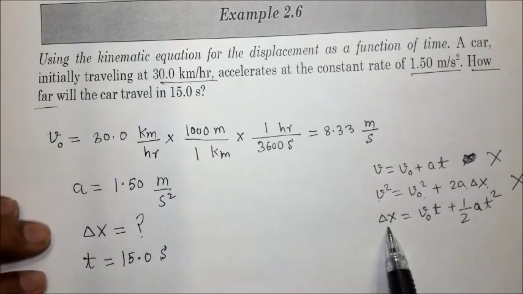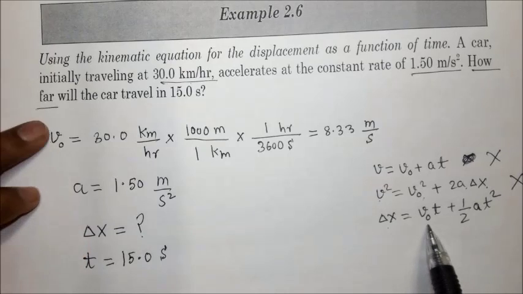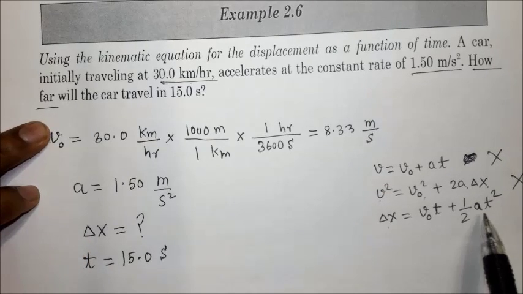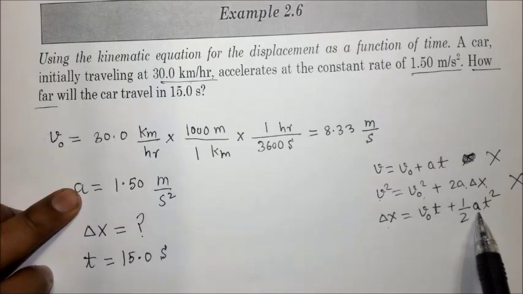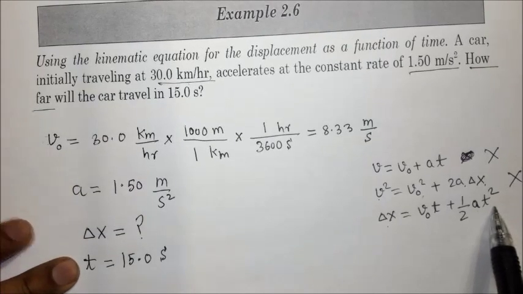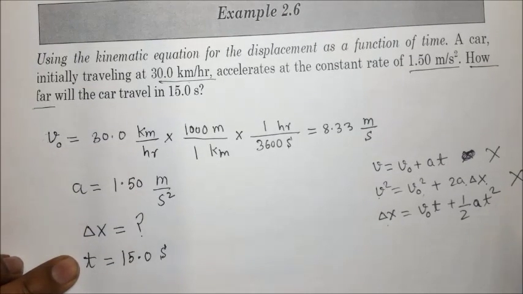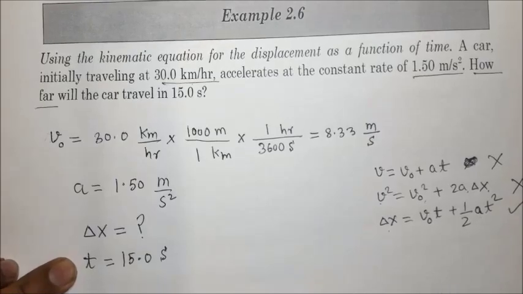So again we cannot use this equation. Let's see the third one. For delta x we need V initial, we have it, we have a, we have time. So we can apply the third one.